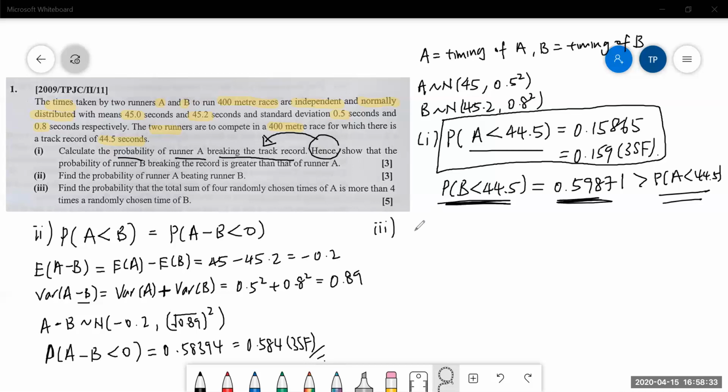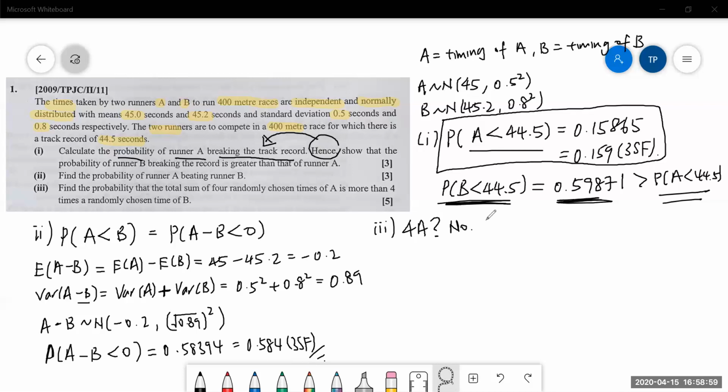Okay, part 3. Find the probability that the total sum of 4 randomly chosen times of A is more than 4 times a randomly chosen time of B. 4 randomly chosen times of A means what? Is it 4A? No. Then what is this? How do I express 4 randomly chosen times of A?